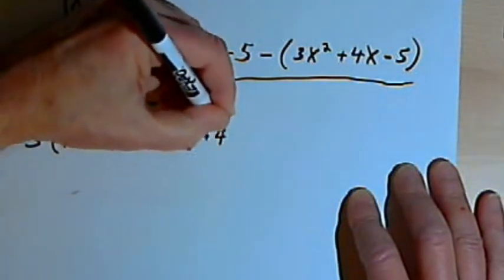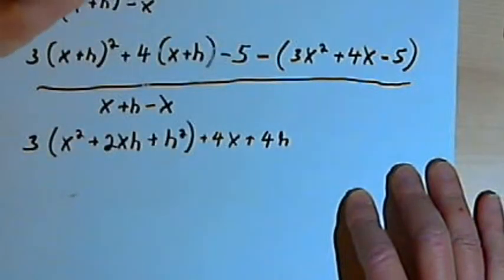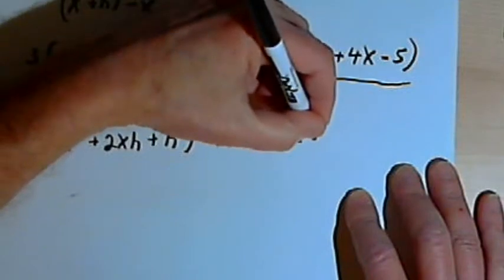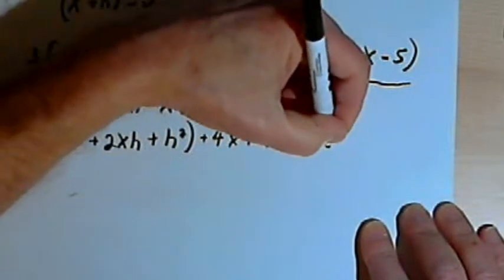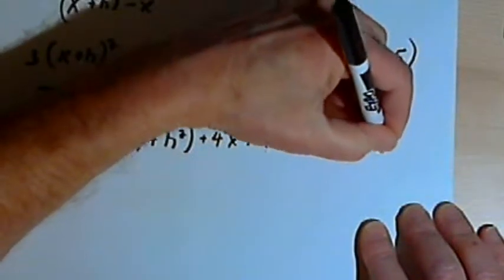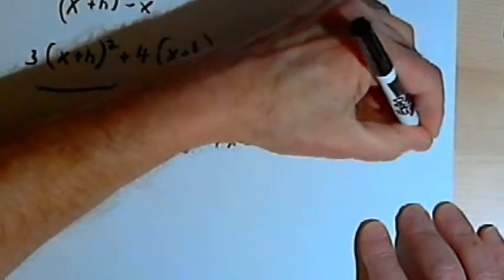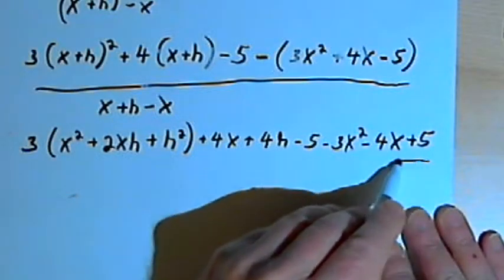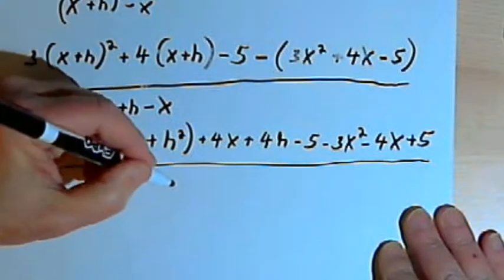So that's plus 4x plus 4h minus 5. And now I've just got to distribute this negative sign. Minus 3x squared minus 4x plus 5. And the denominator, I can simplify that whole denominator, x plus h minus x, is just h.